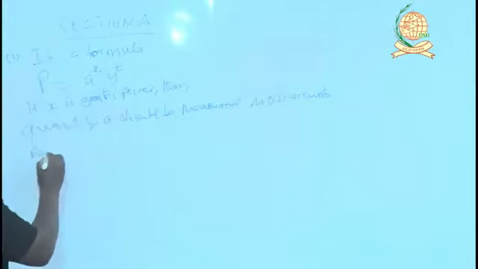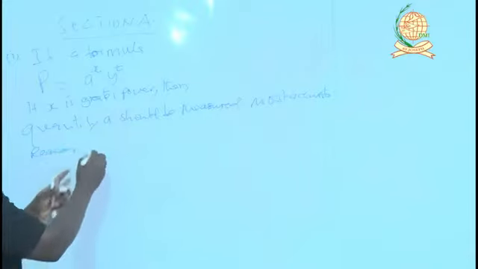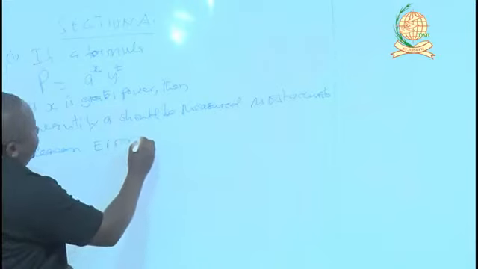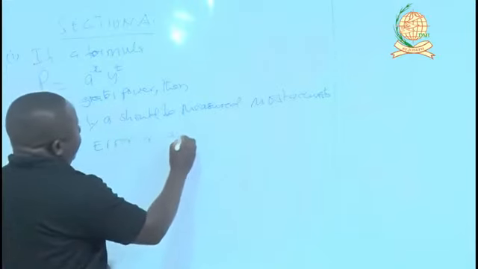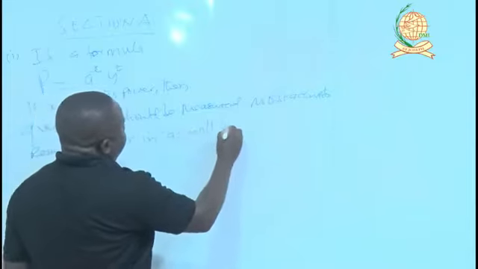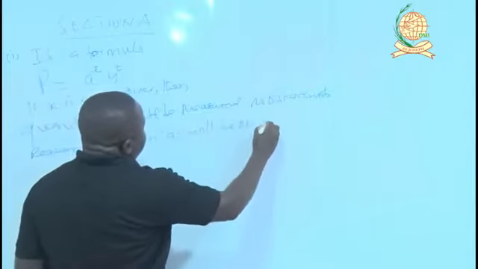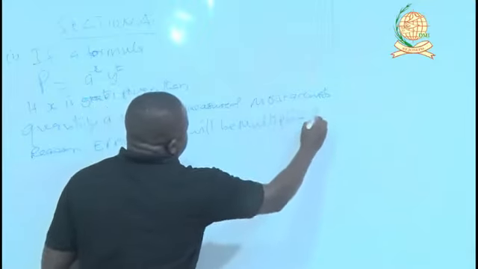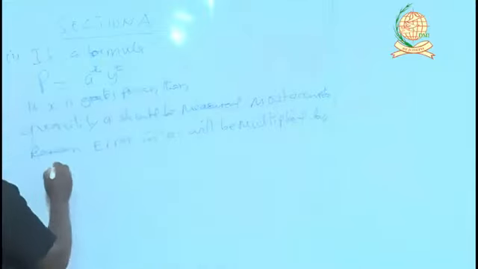The reason is that the error in A will be multiplied by its power.